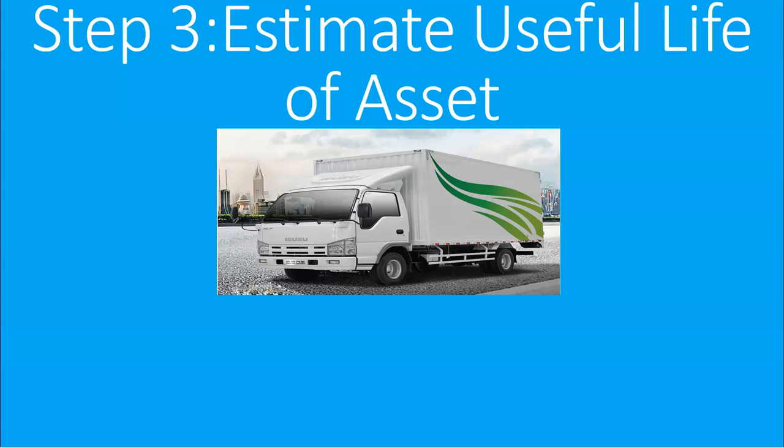Step 3 is we need to determine how long we're going to use, or what is the useful life of the asset. So as we talked about before, most assets do not last forever. There is one asset that does, at least in terms of a tangible asset, and that is land. Land lasts forever. Delivery trucks, sadly, do not.